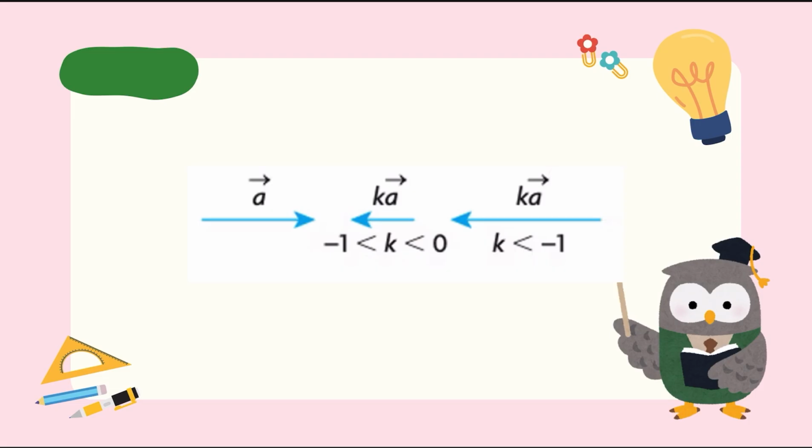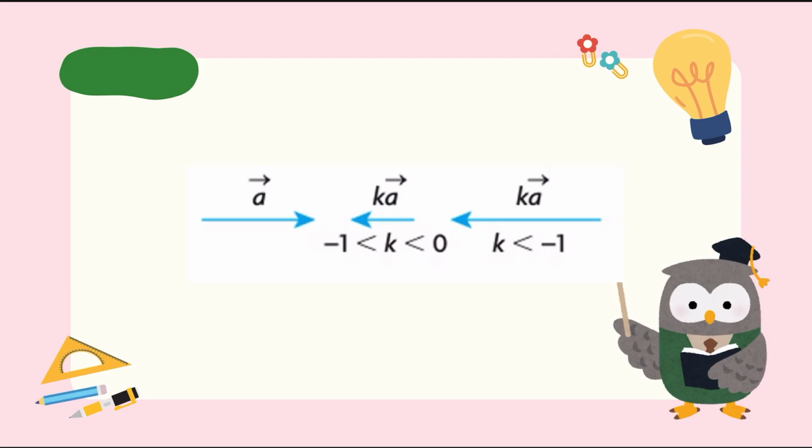And if k is bigger than -1 and smaller than 0, which can be like -1 over 2, then it is shrunk and also in the opposite direction.